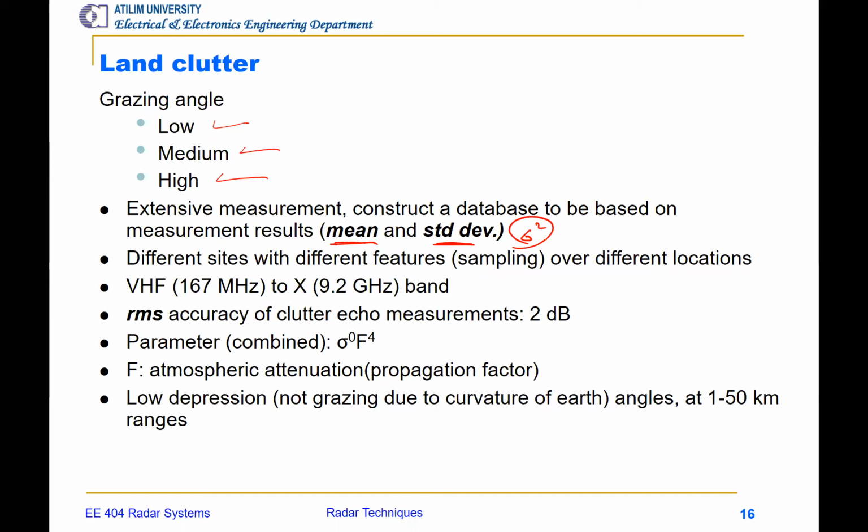The operational bands will be from VHF to X. The RMS accuracy of the clutter echo measurements is within 2 dB. And as we couldn't remove the atmospheric attenuation, the measured values somehow include atmospheric attenuation. The range in which the measurements were taken could be 1 to 50 kilometers, depending on the site.